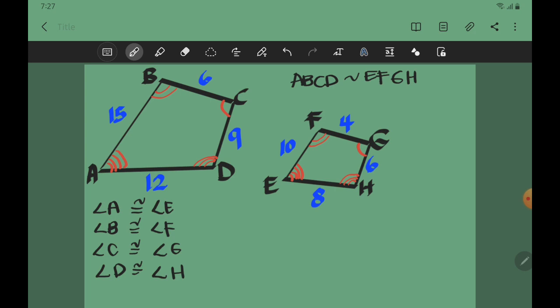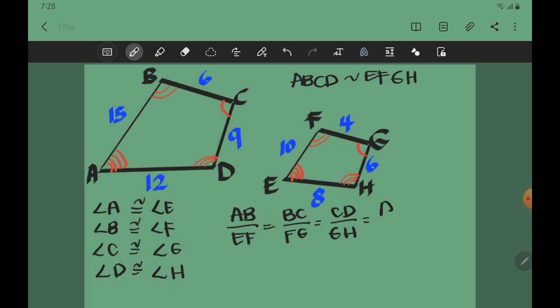And then when it comes to corresponding sides, let us write it in fraction form. So we have here AB corresponds to side EF. And then we also have BC corresponds to side FG. Also, we have here CD corresponds to side GH.